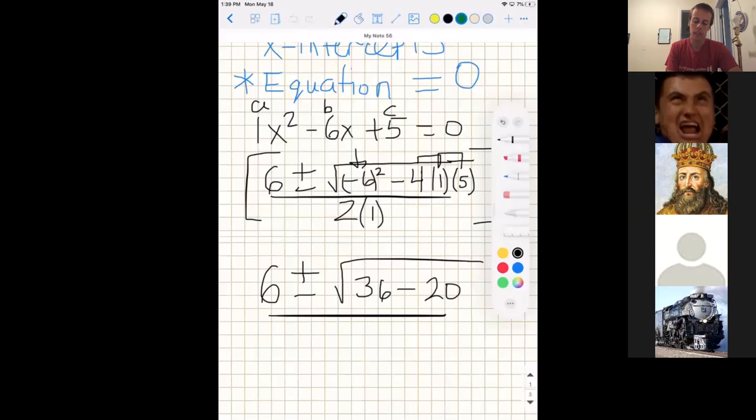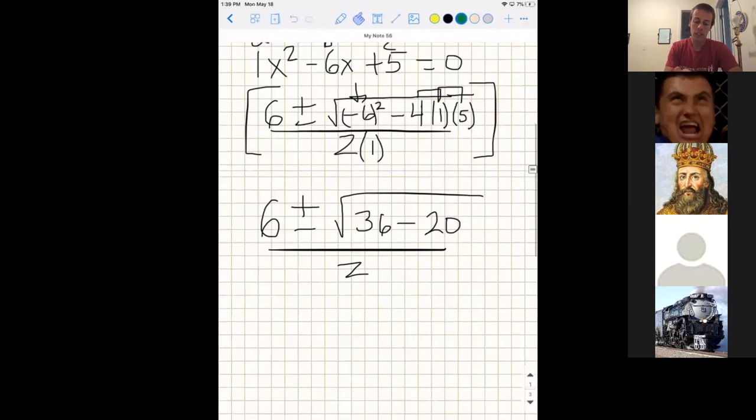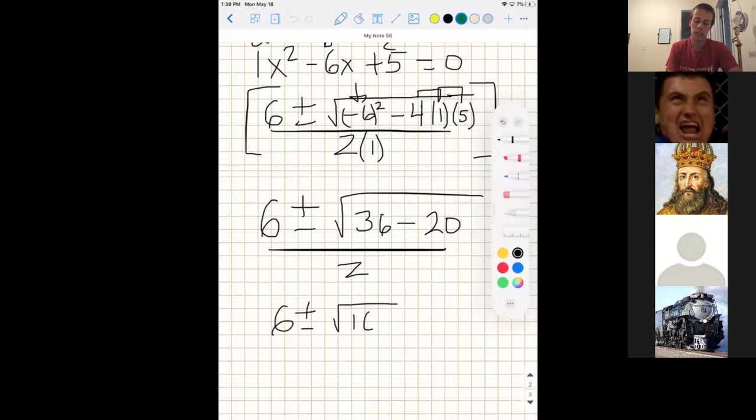So you see how this is starting to simplify itself out, and actually 2 times 1 is just 2. So our final answers, well, we have 6 plus or minus the square root of 16 over 2. And the square root of 16, you guys know, is 4. So we have 6 plus or minus 4 over 2.